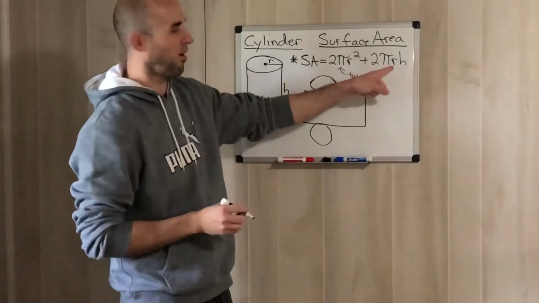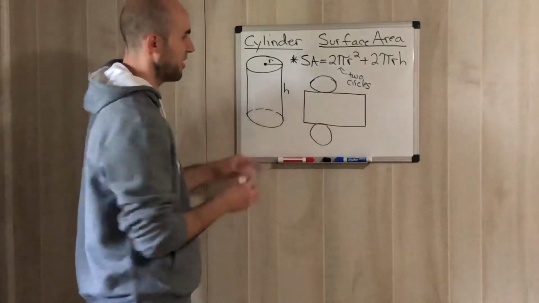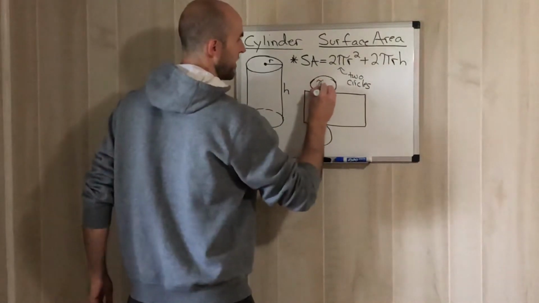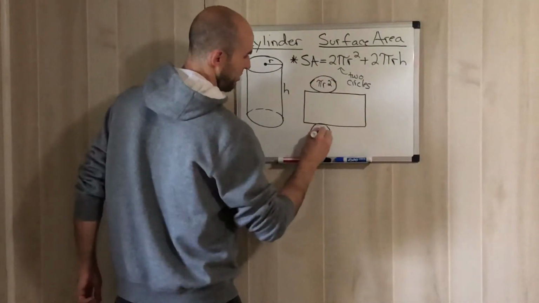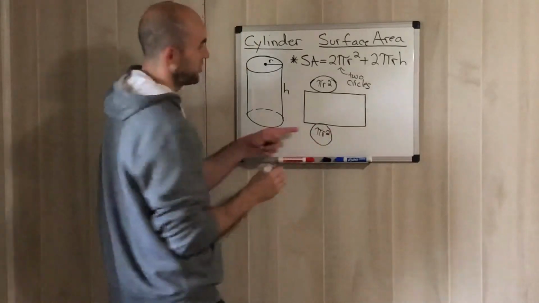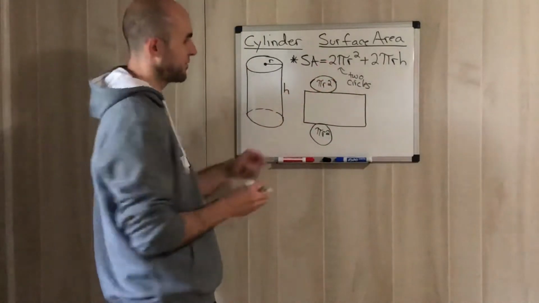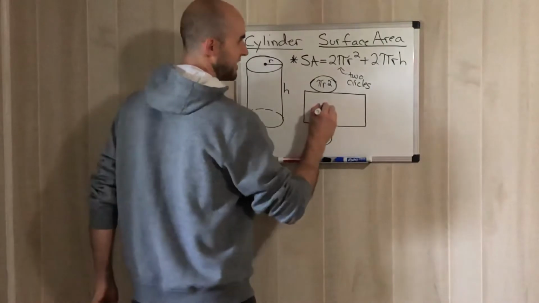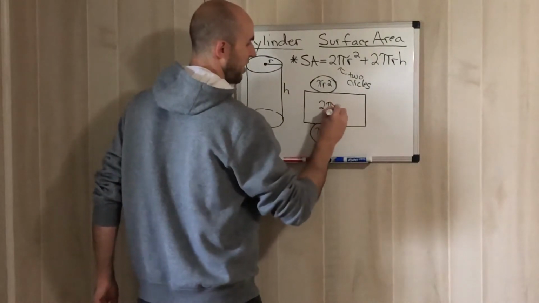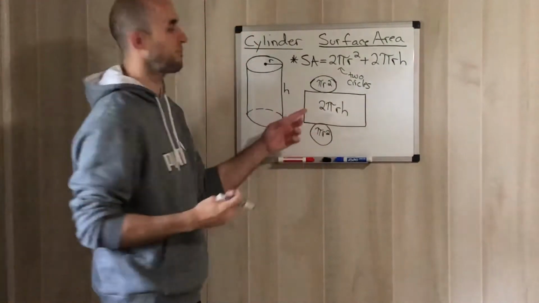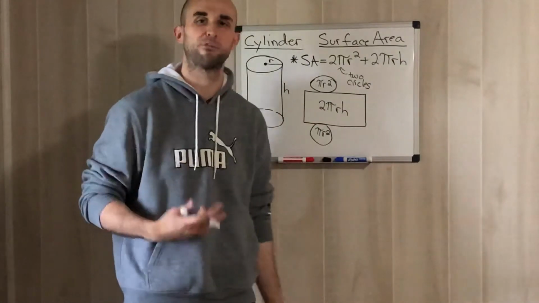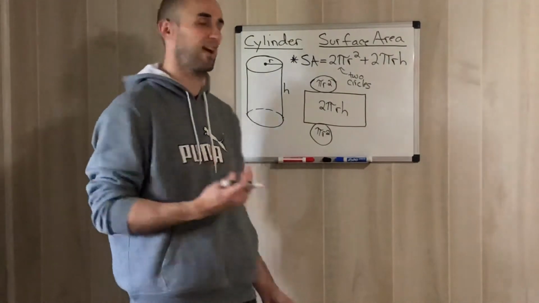What the second part represents is actually the paper. So this here was pi r squared, and since we have 2 of them, that's where 2 pi r squared comes from. What this represents is 2 pi rh. The reason is that since it's a rectangle, the formula for finding the area of a rectangle is base times height.